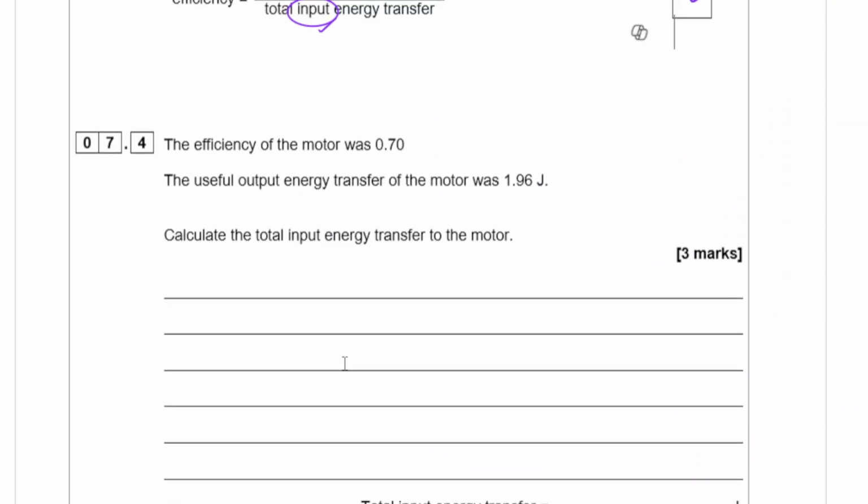The efficiency of the motor was 0.7. The useful output energy transfer of the motor was 1.96. Calculate the total input. So 0.70 equals, let's write it as input energy divided, no, it's not the input energy, it's the output.